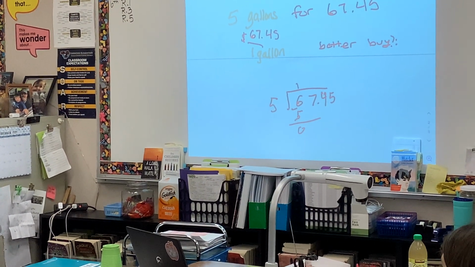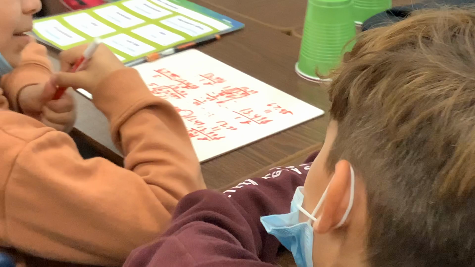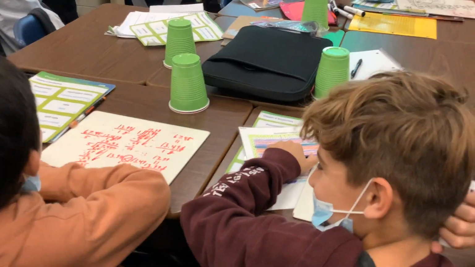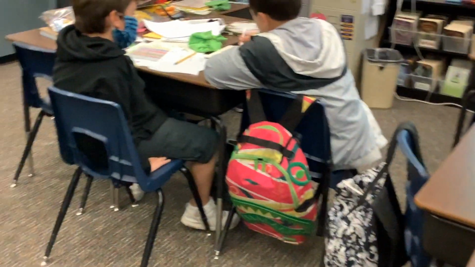Click the little eraser. So the less it is, the less money.